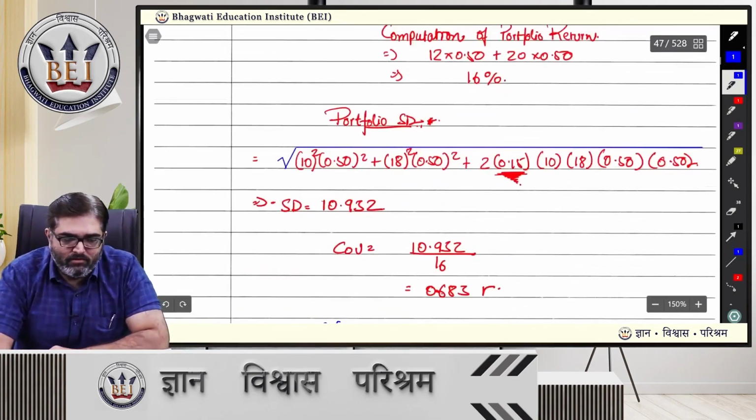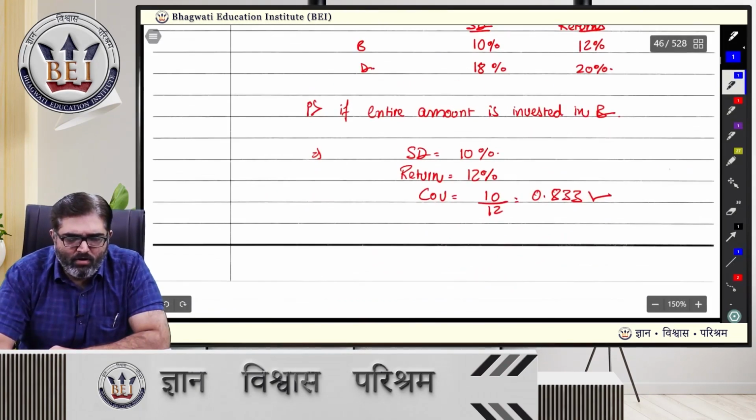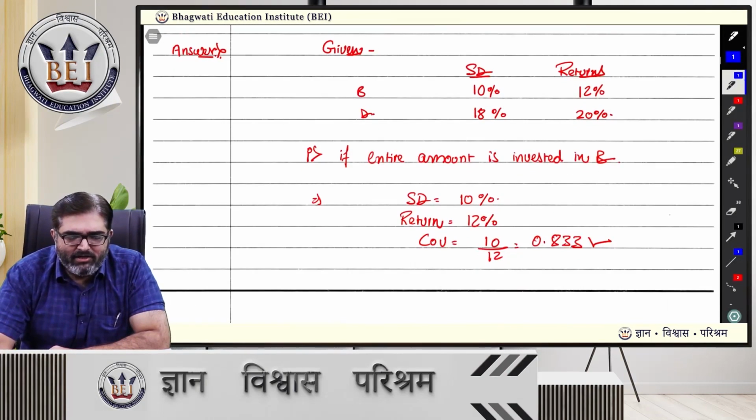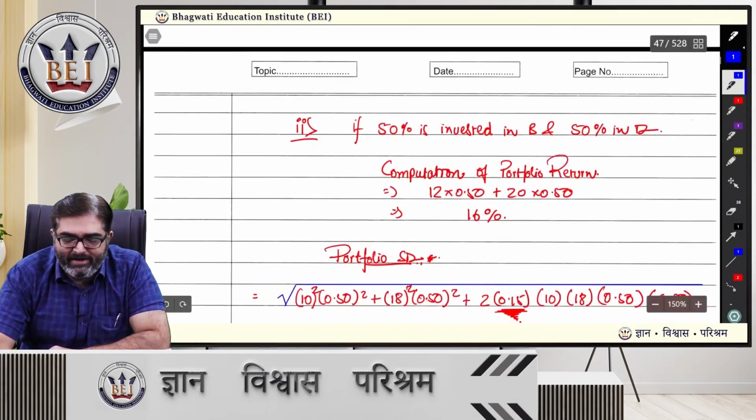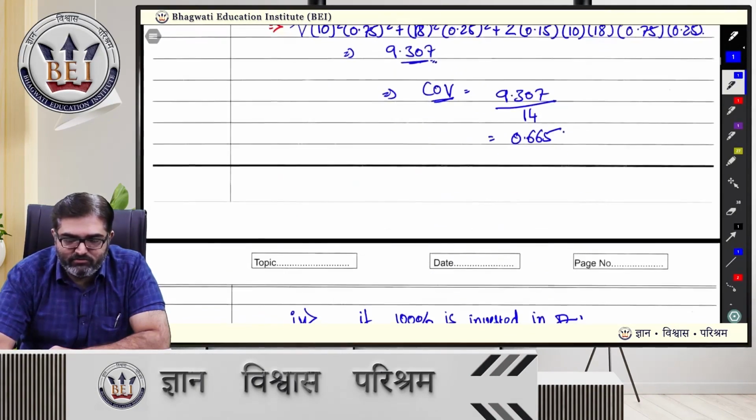राइट. अगर आप देखा जाए तो डी का जो है कोफिशिएंट ऑफ वेरिएशन, we just try to rank it in terms of coefficient of variation.